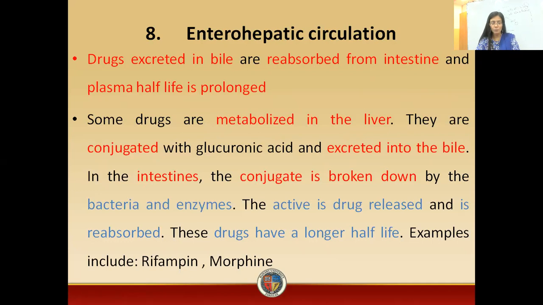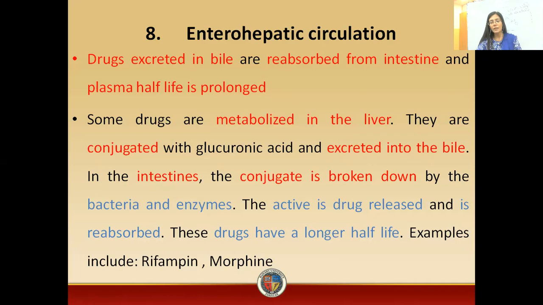What happens is that most of the drugs are metabolized in the liver. That is, they may undergo a conjugation process, after which they are excreted in the bile, and in the intestine these conjugates are again broken down by the bacteria and the enzymes. What these bacteria and enzymes do is activate the drug again, so they will produce active metabolites.